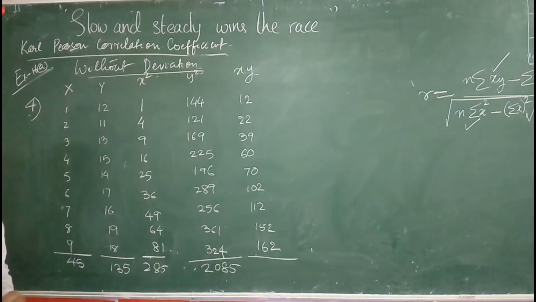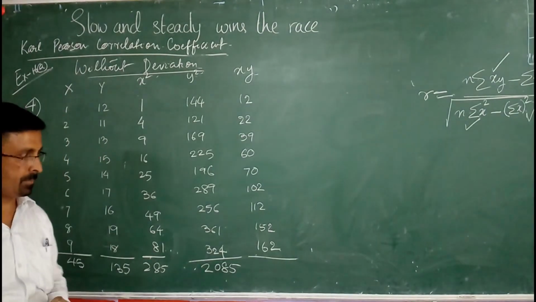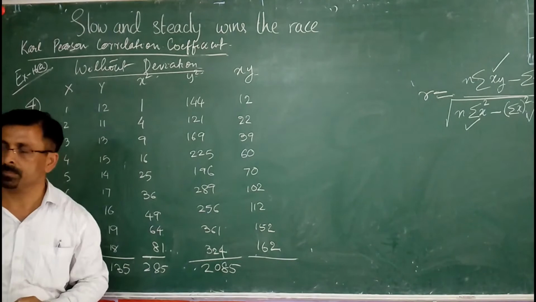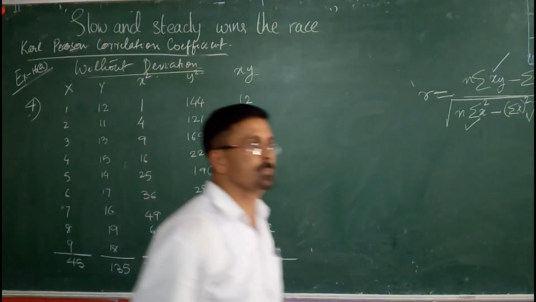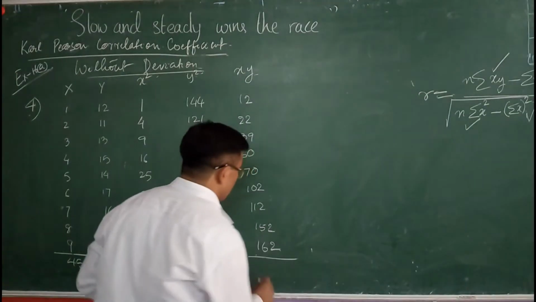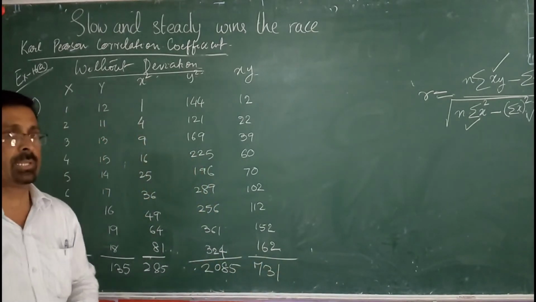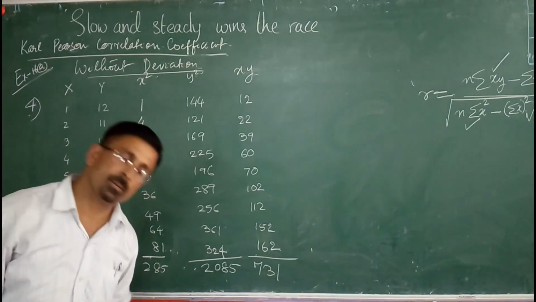Now I will need the sum of all these products. Can you give me the sum of all these products? 731. Thank you. Now we are going to use it in the formula and calculate.